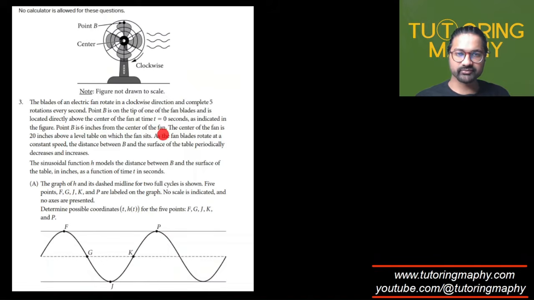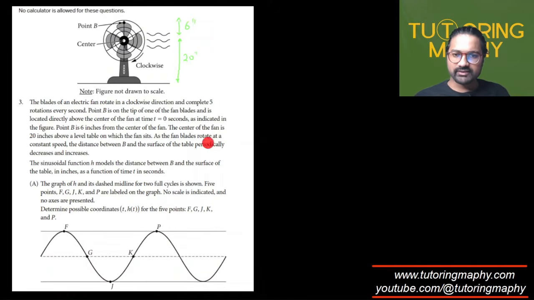Point B is 6 inches from the center of the fan. So from the center of the fan it is 6 inches above, and the center of the fan itself is 20 inches above the level table where the fan sits. So in other words, this distance is being given to us as 20 inches, and from the center to the tip it's given as 6 inches.